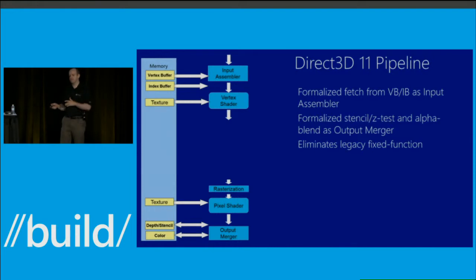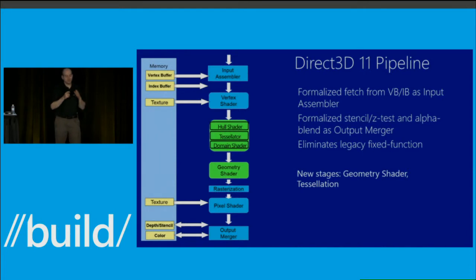We do have samples that help you if you need to port your fixed function code over to shaders, but that's really the only big difference if you're moving from DX9 to DX11 in terms of just getting things up and running. Now, once you're up and running, then we've got some extra functionality that we think will really delight customers and provide some amazing experiences.